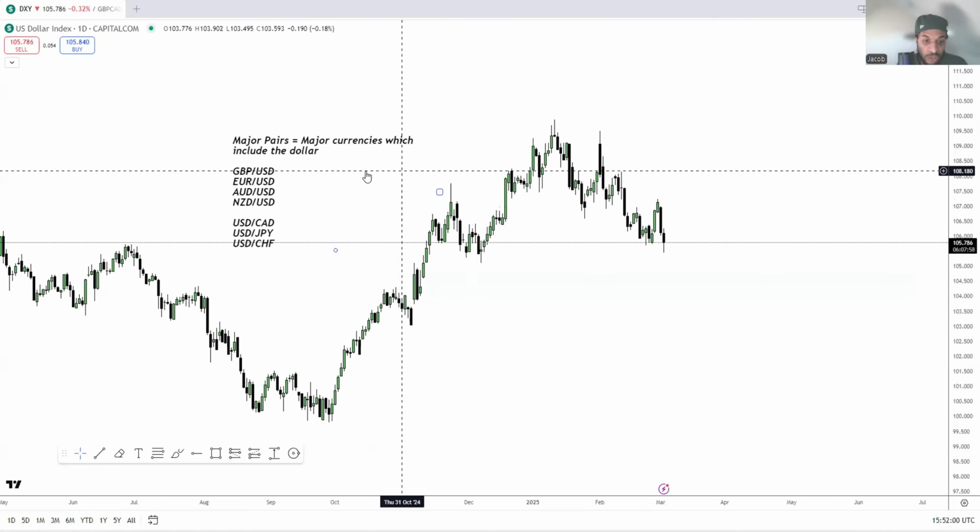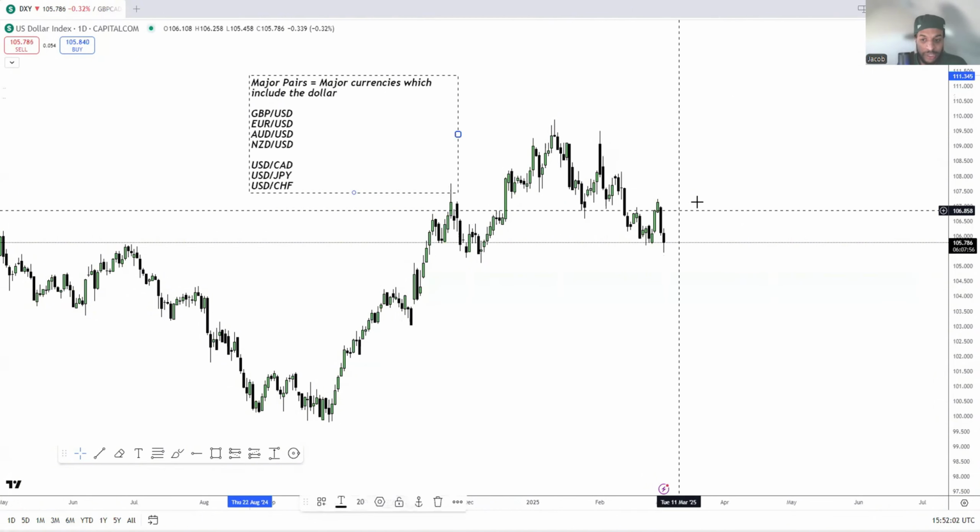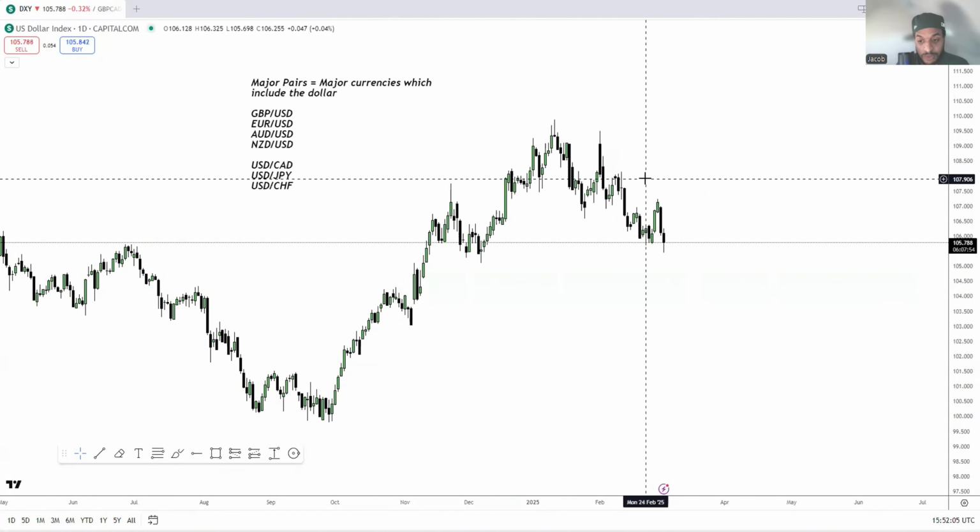Now, another thing you've got to be wary of when you're trading major pairs is news events, especially as you're approaching a brand new month or when certain things are scheduled to come out. News is a very, very heavy driver of price, and you need to always be checking for that.